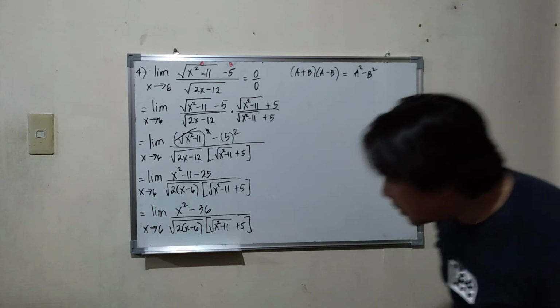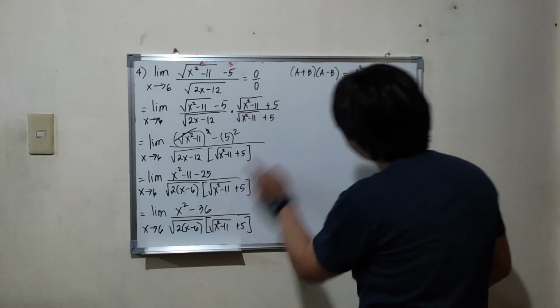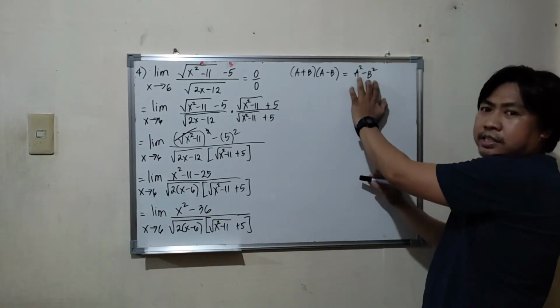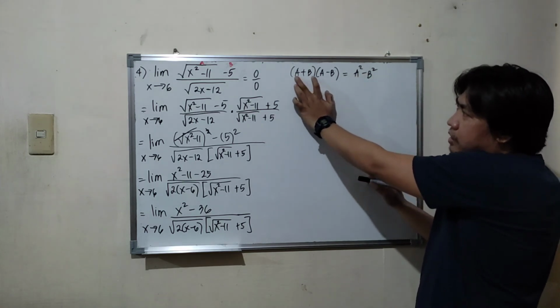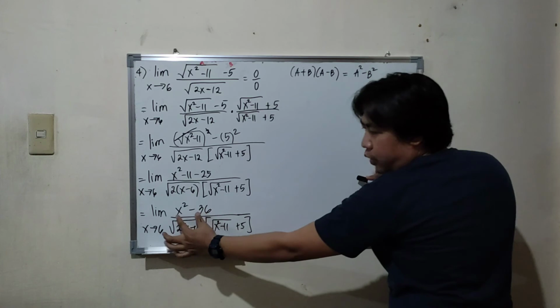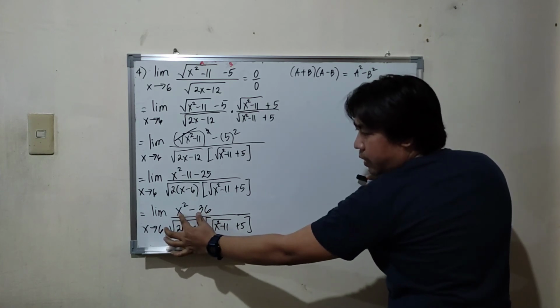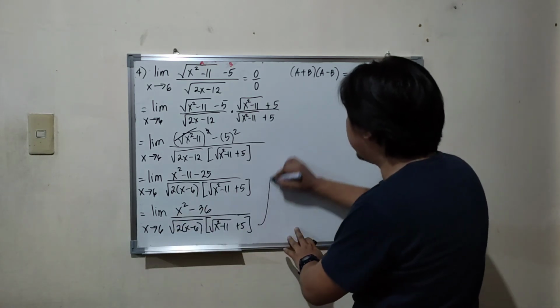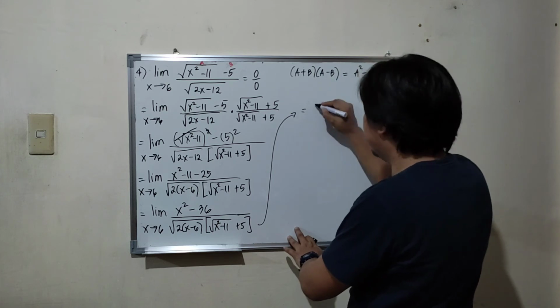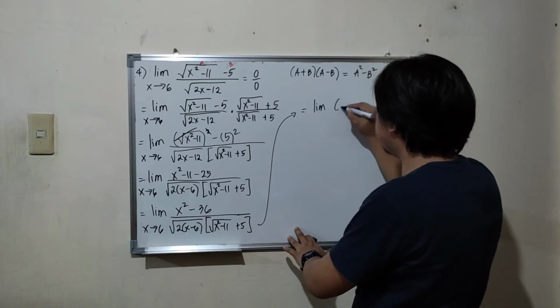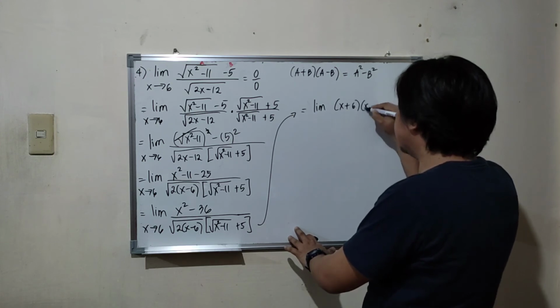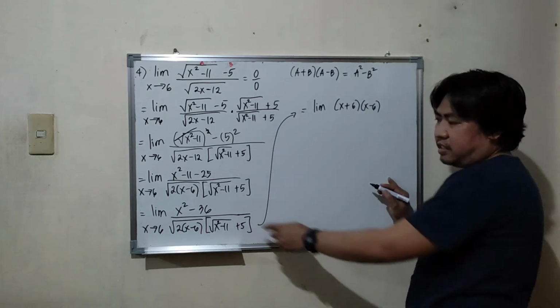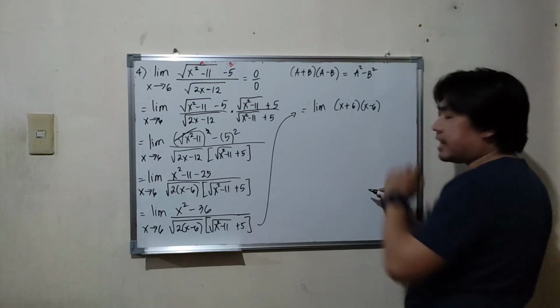Okay? So, x squared minus 36, we can use the difference of two squares, a squared minus b squared, so that is a plus b times a minus b. So, if we apply that, x squared minus 36 will be equal to the limit of x plus 6, x minus 6, since square root of 36 is 6.